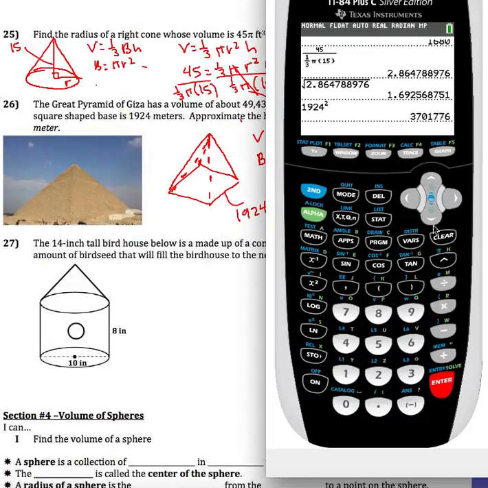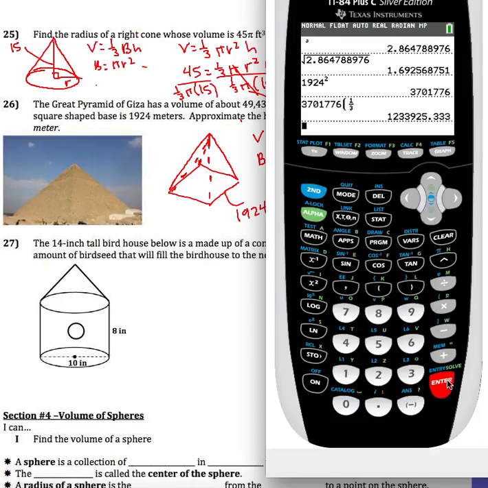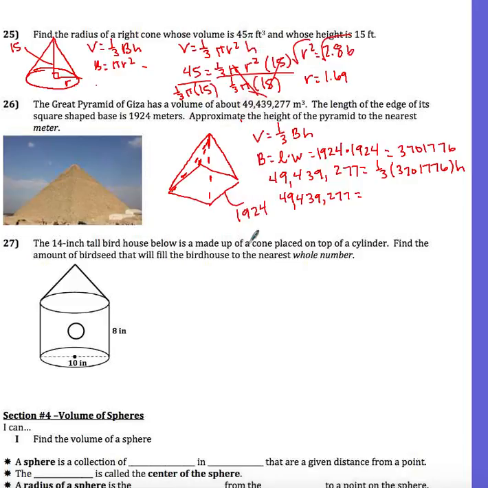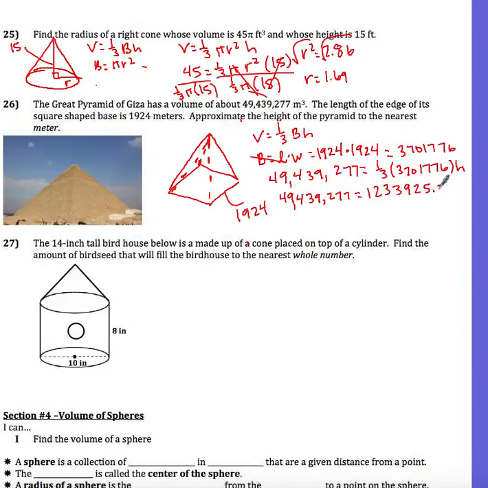We can go ahead and do 1/3 of this number, so let me copy this and multiply that by 1/3. And then I'm going to divide both sides by this big number.